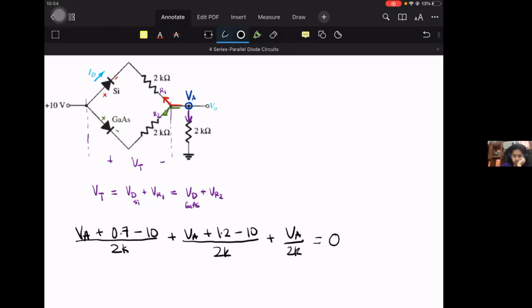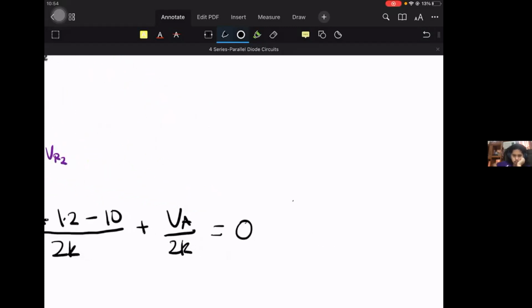So muna itong nodal equation. So we'll call this one as our general nodal equation.